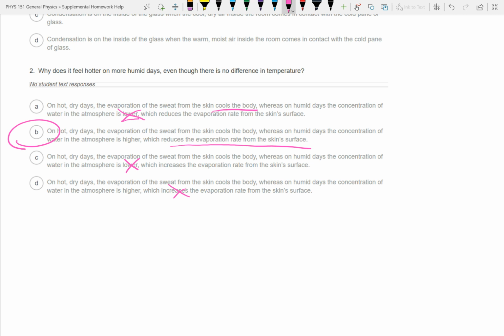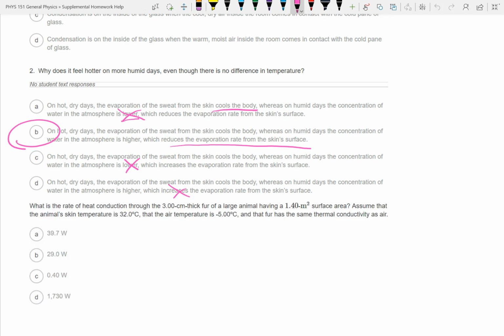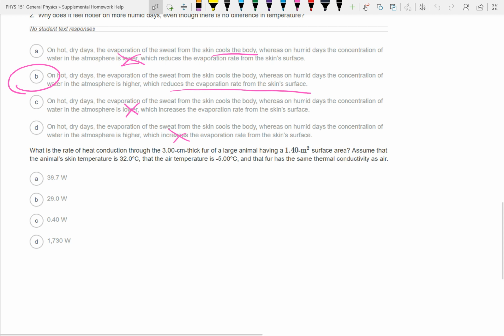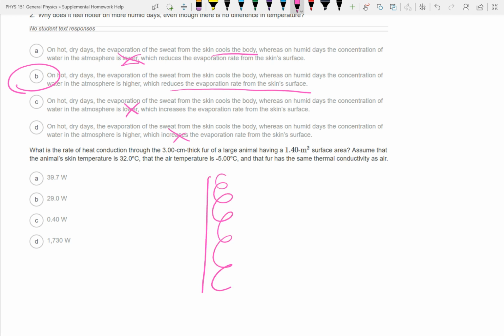Okay, so for this, I'm going to draw a picture somewhat similar to what we had the picture in class today. We have, here's the outside of the fur, so the fur's all in here. And then we have the skin of the animal. And so the distance between the fur and the skin, I'll just call X. And so we're given that it's 3 centimeters thick, so we have X is equal to 3 centimeters.